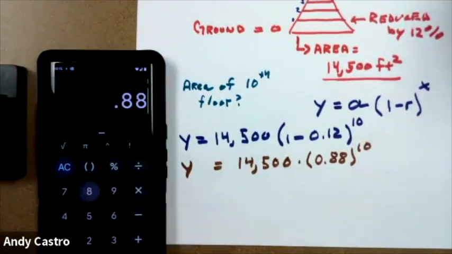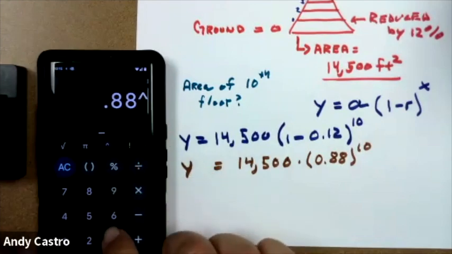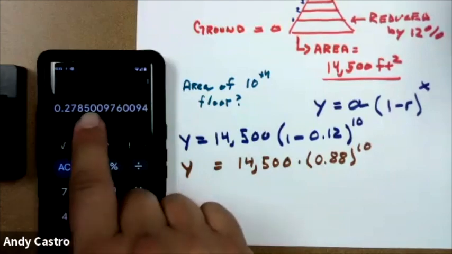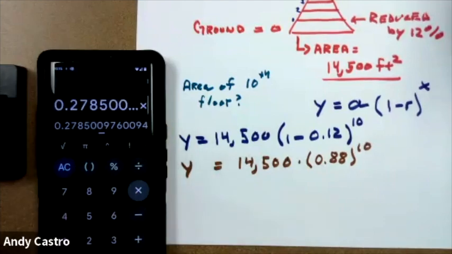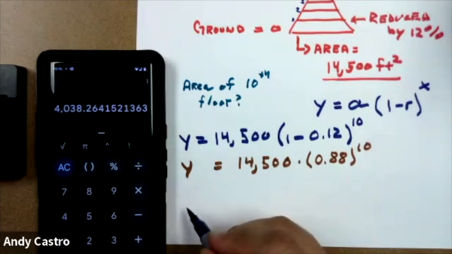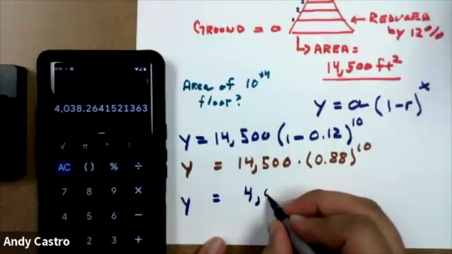So I'm going to take 0.88 and immediately raise it to the 10th power. Okay, 0.88 to the 10th power, so that gives me that number. I'm going to take that number and multiply it immediately by the 14,500. And that is going to give me 4,038.